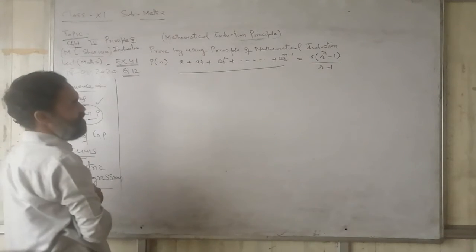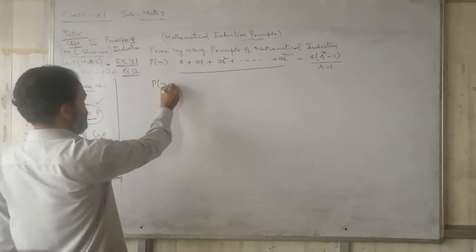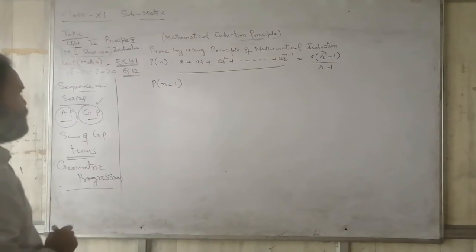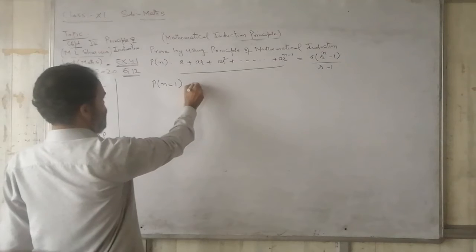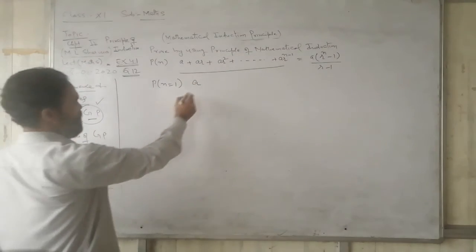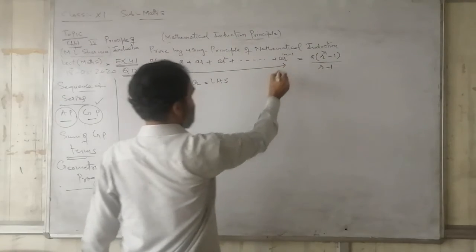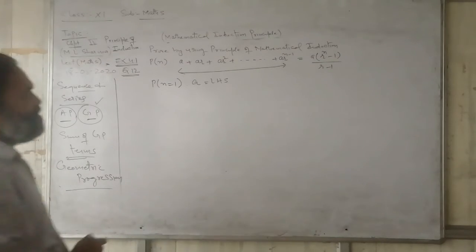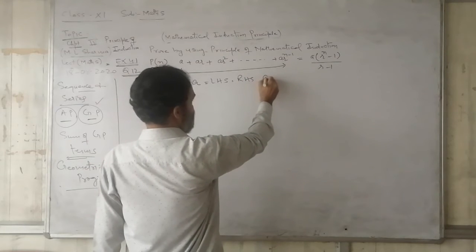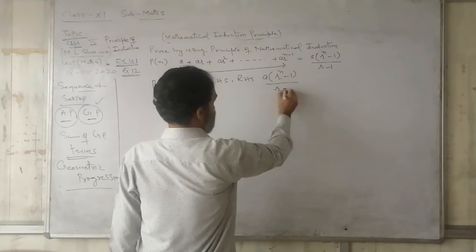So first step, as in previous cases, we solve P at n equal to 1. When n equal to 1, simply the first term I have to take, and this is the left hand side, so it is A. On my right hand side I have the term A(R^n minus 1) upon R minus 1.